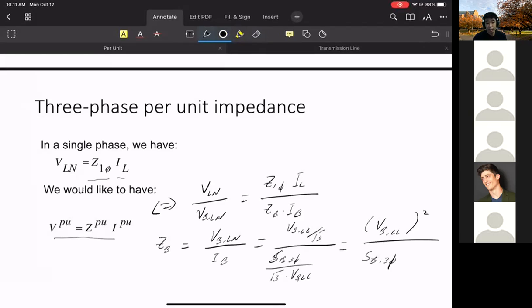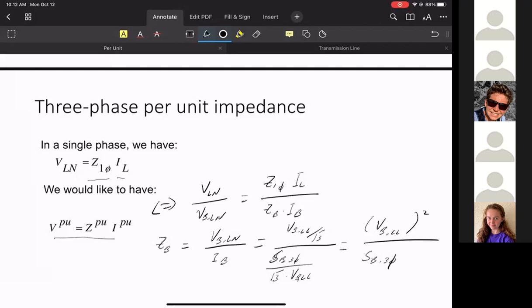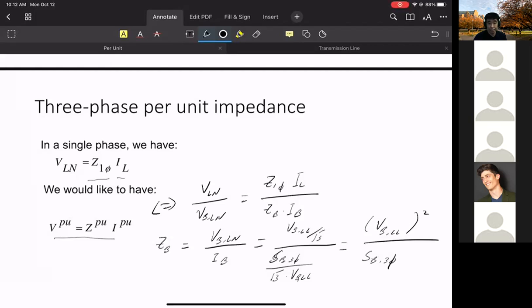So again, it works out that we pick the per unit system correctly. We pick the voltage at the rated voltage and pick the power correctly. The base impedance is then just the base voltage squared divided by the three-phase power. So these are the expected ways these base units will work out.